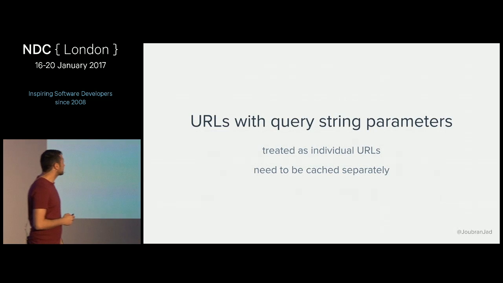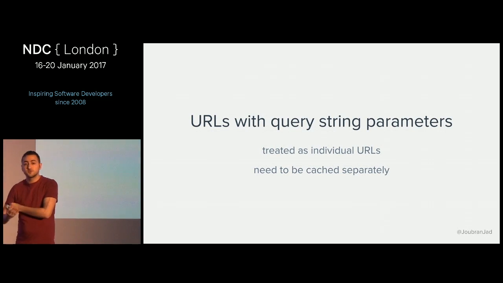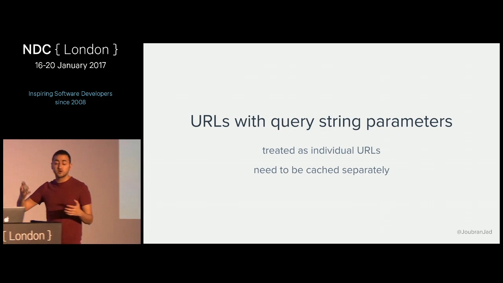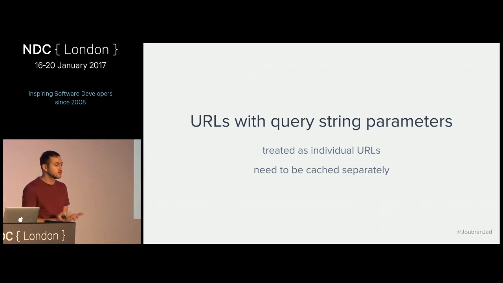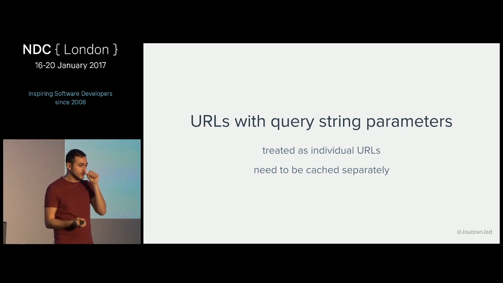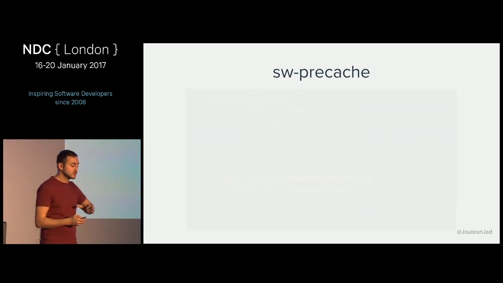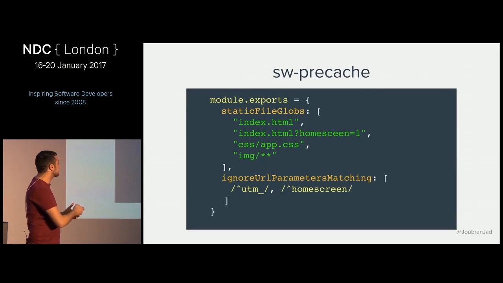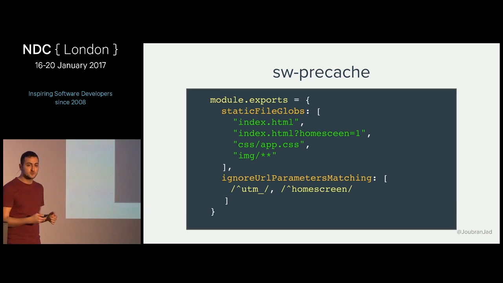Let's see why. Because every URL that you precache will be treated as a different URL. So query string parameters will make it look like a different URL, except for UTM parameters. That's a configuration that was added by default in SW precache. So anything that starts with utm_ will be ignored. That's why we will have to go and add home screen to the ignore URL parameters matching.